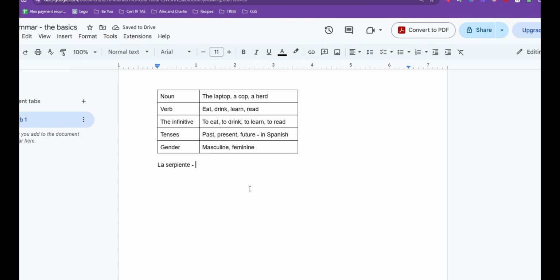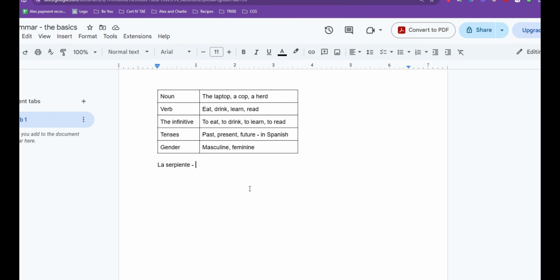Like, it doesn't matter if the snake is a male snake. The noun is actually feminine. So sometimes the nouns are determined by the actual gender of the things, but some of the times it depends on how the word evolved from the Latin, and it just keeps the gender as is.